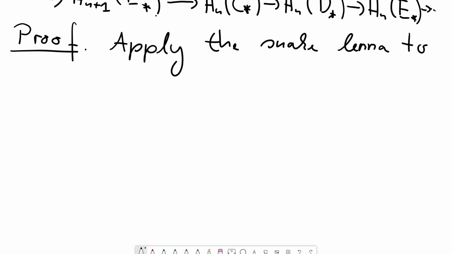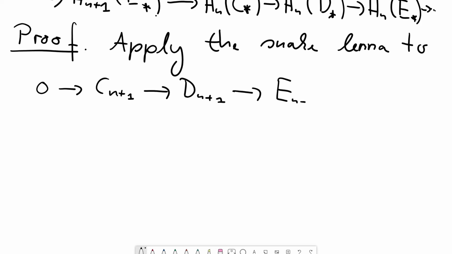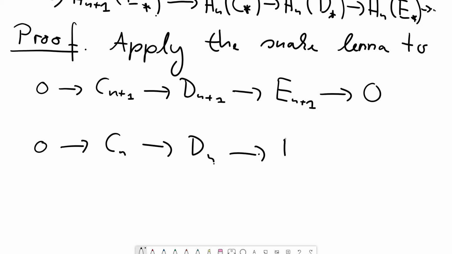Just the following portion of this short exact sequence of chain complexes where we start at degree n+1. Here we've got C_{n+1}, here D_{n+1}, and here E_{n+1}. This is the short exact sequence one obtains if one plugs in the degree n+1. And we go down one step: now we've got C_n here, D_n here, and E_n here.